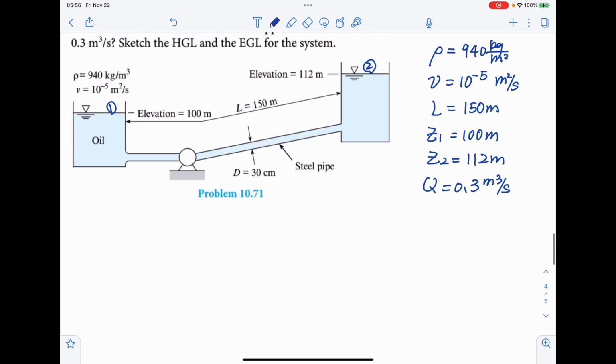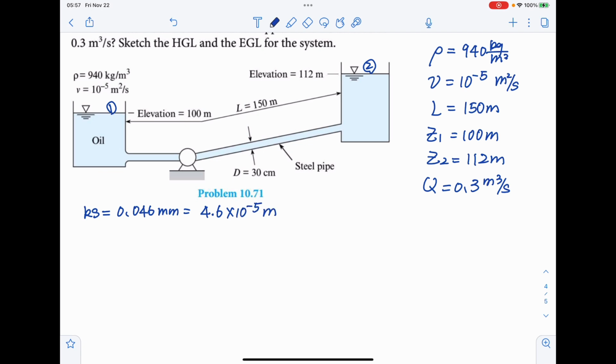So if we use table 10.4, we can find that the roughness is 0.046 millimeters. So it's 4.6 times 10 to the -5 meters.